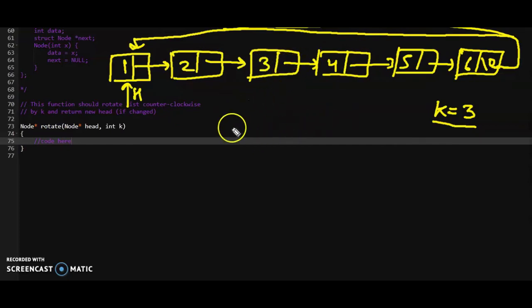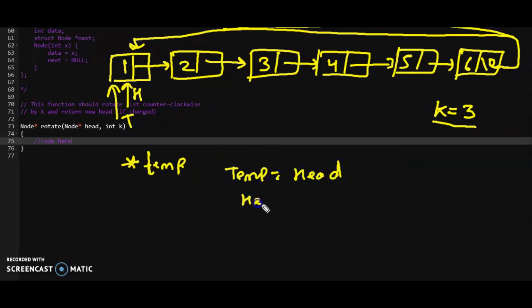So I will make another pointer, let's say temp, and temp will initially point to head. Every time temp points to head, head will move one step ahead, that means head will point to head's next.